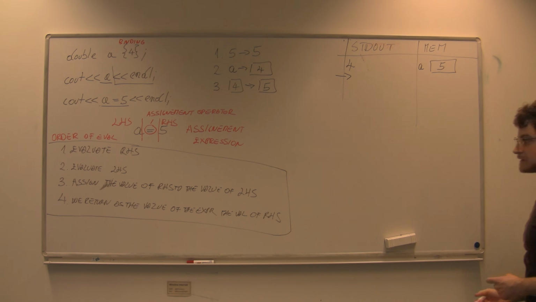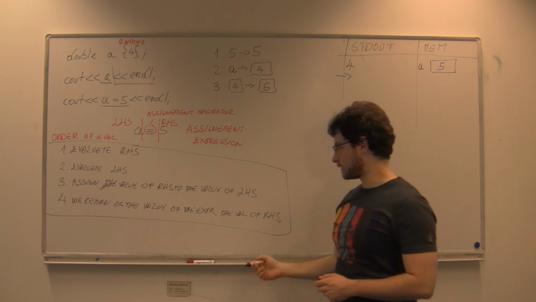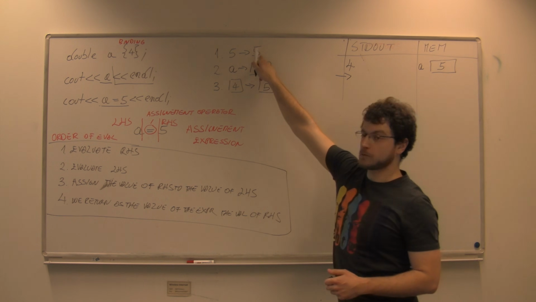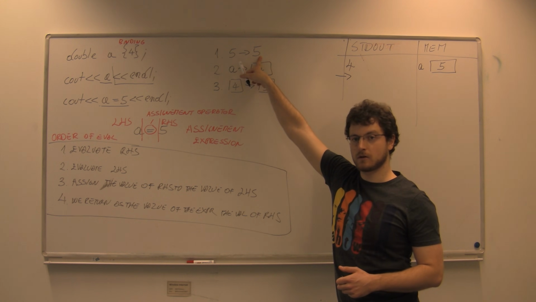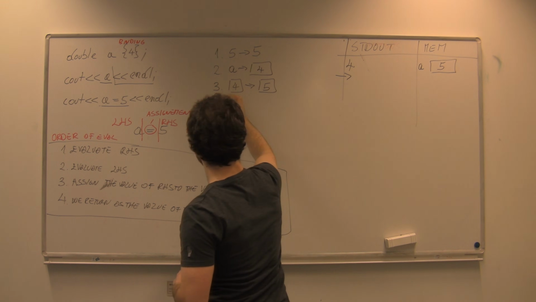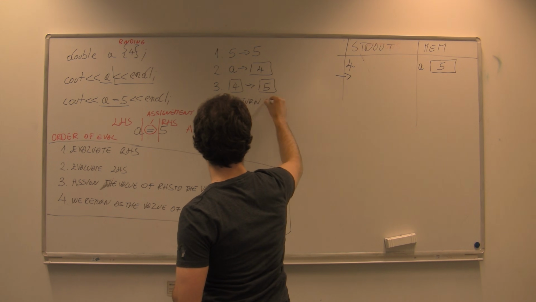Finally, as the last step of evaluation, we have to return the value of the expression, the number 5, because that's the value on the right hand side. Just write return 5.